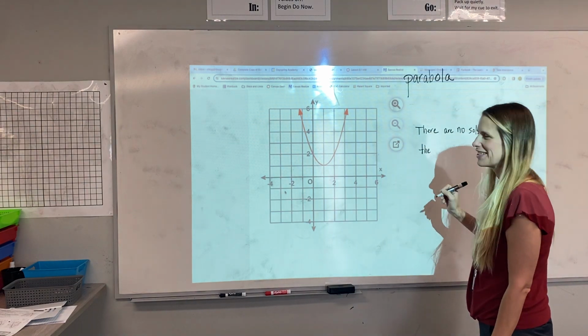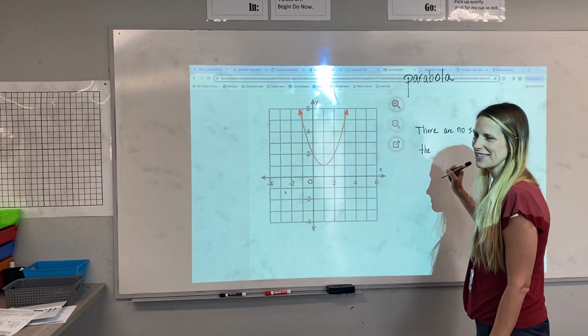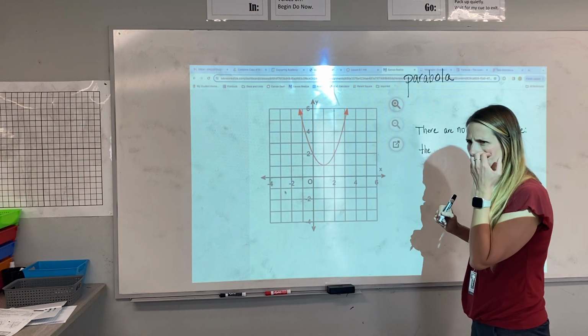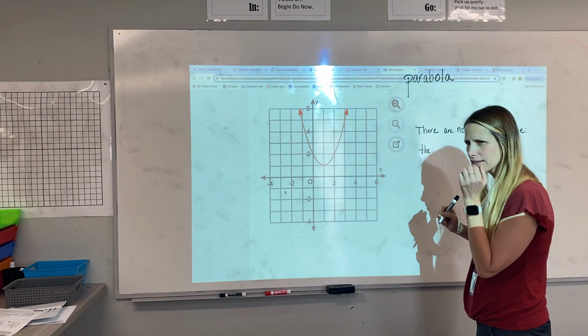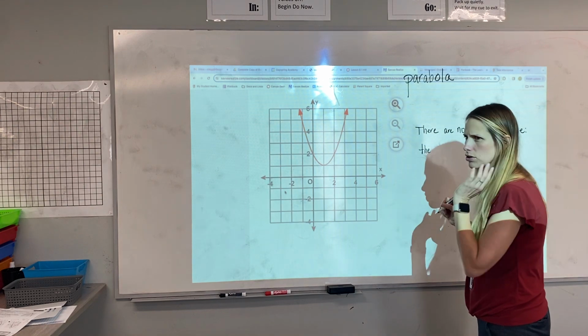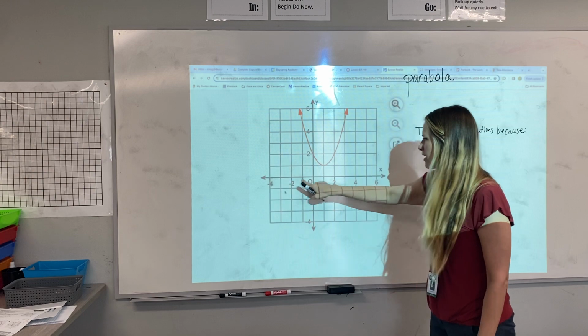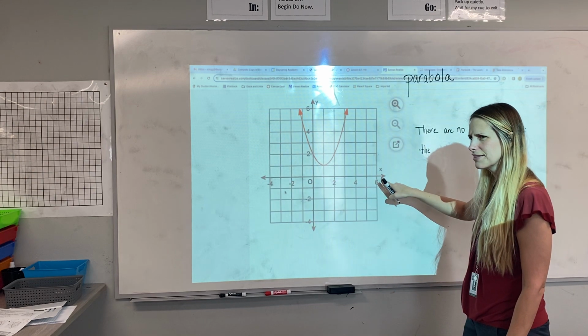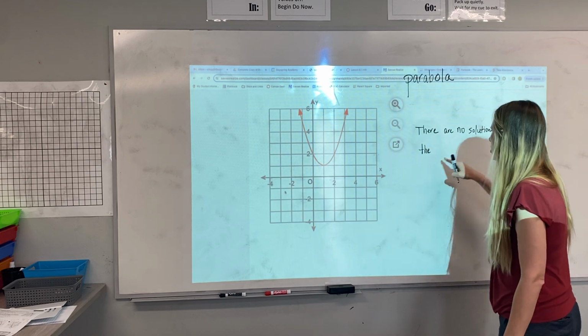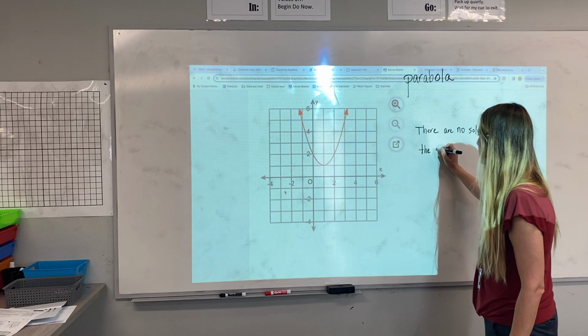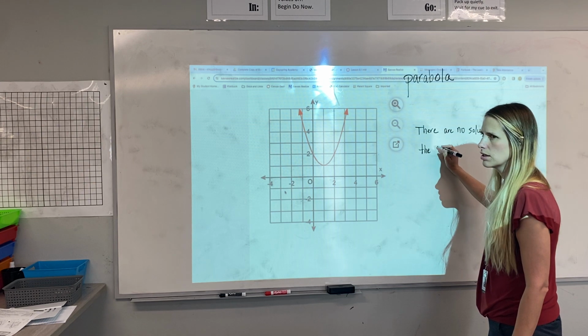Abby, you wrote the x-axis is not, well, the line. So you're saying the parabola is the same thing as the x-axis? That the parabola is the same thing as the x-axis?